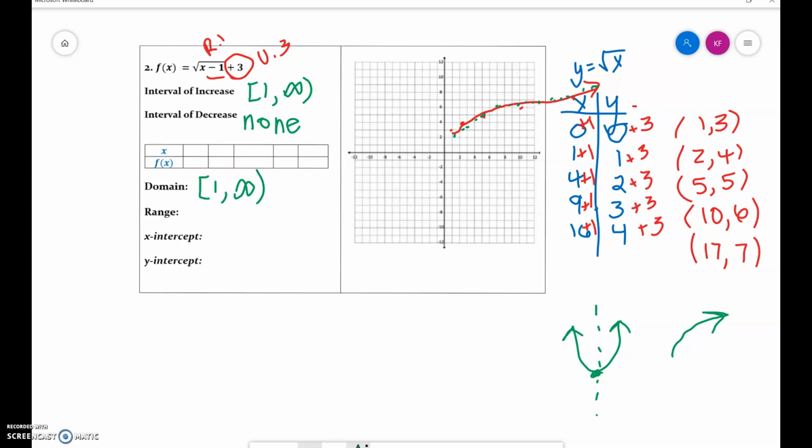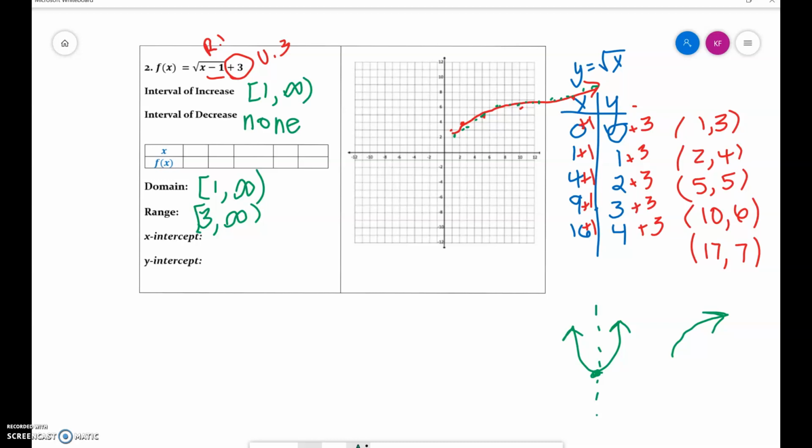We never say the square root of 4 is -2. So 0 is the smallest in my blue Y values. But then because of the +3 moving us up 3 becomes our smallest Y value. So from 3 to infinity, because it's increasing, its Y values will continue to go upward, is our range.